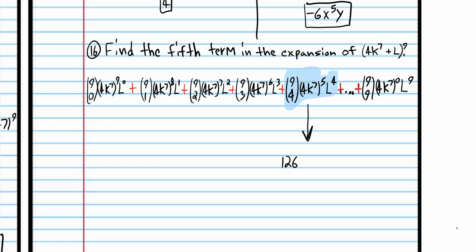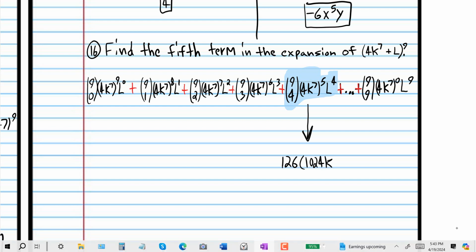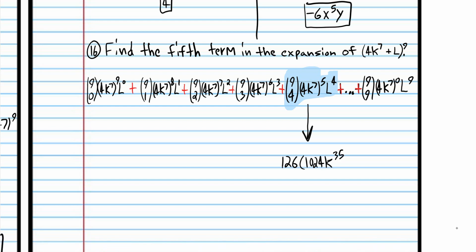That's going to use exponent rule number 3 and exponent rule number 5. 4 to the 5th power is 1024. And that was the third rule, and we're going to use the 5th rule to get k to the 35th power. Then we have L to the 4th.